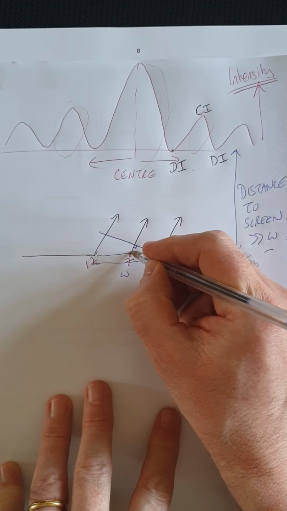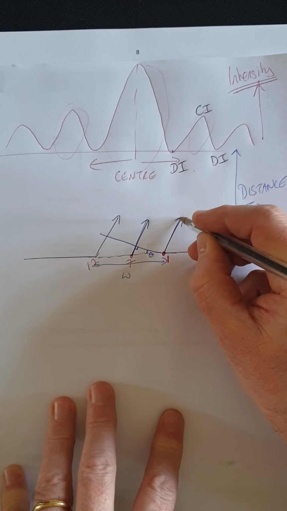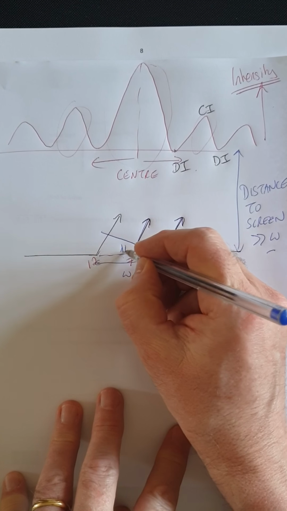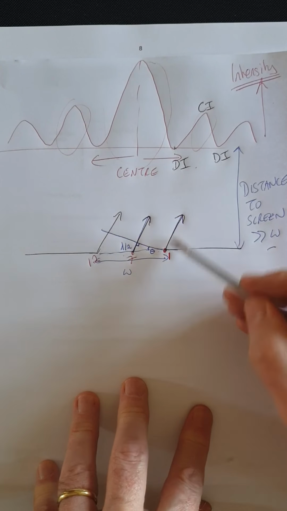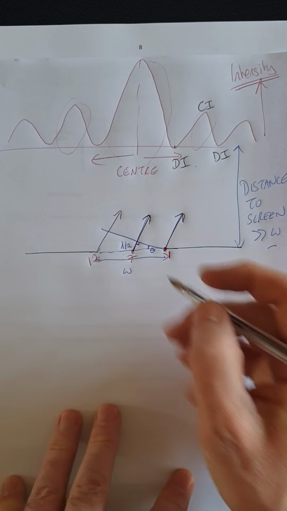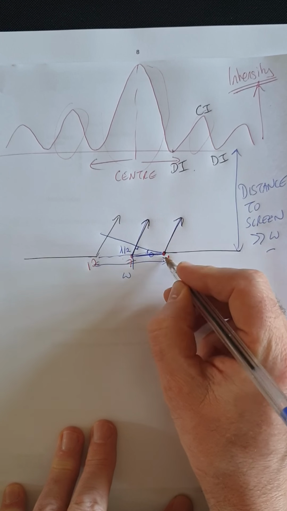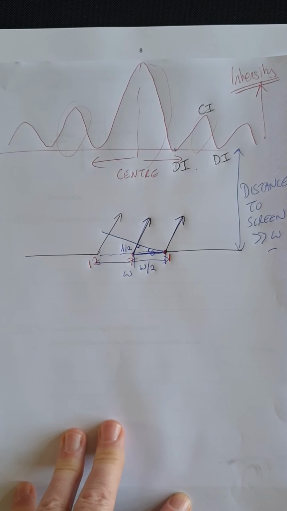Well, for destructive interference, this light ray has to have had a path difference that should be half a wavelength longer than the path that this one took. And we know that the hypotenuse of this little triangle that I'm drawing here has to be half of the width of the slit.